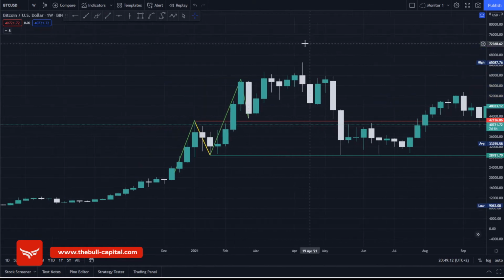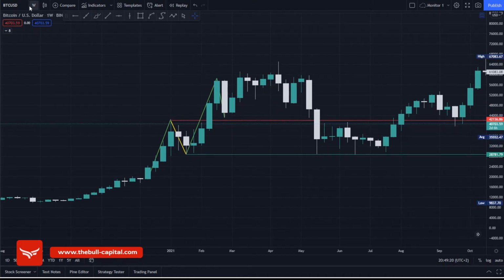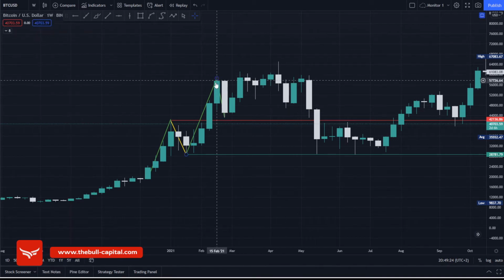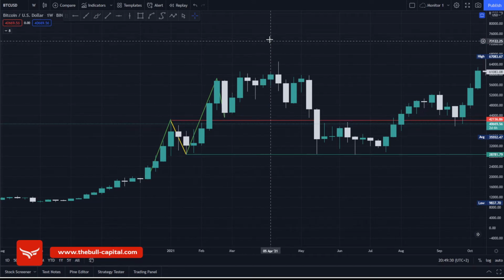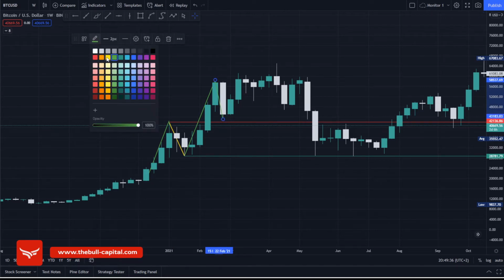It doesn't matter if it's one candle, because remember, we are on the higher time frame, and if we switch to a lower time frame, we're gonna have multiple candles here. So we have this swing low. Let's change the color to yellow.